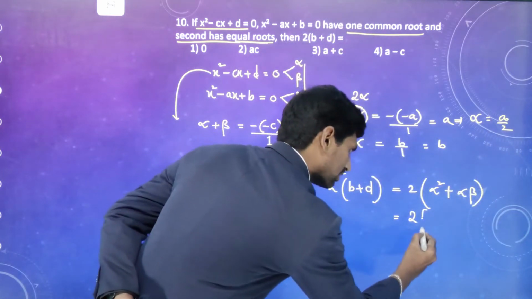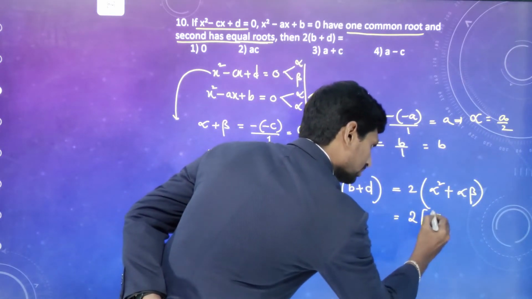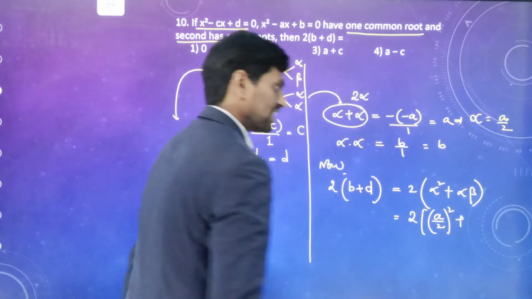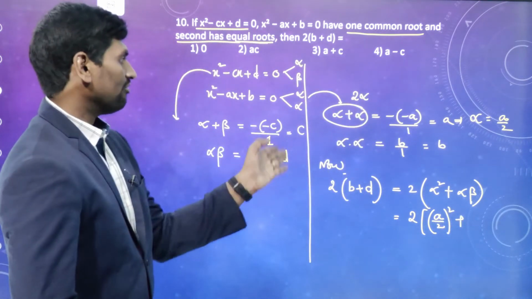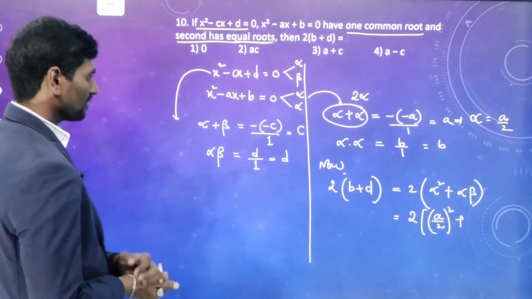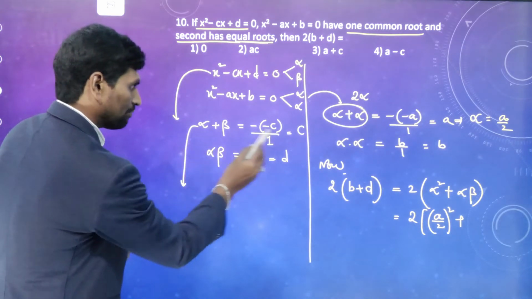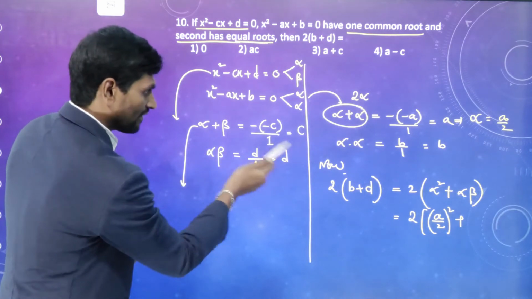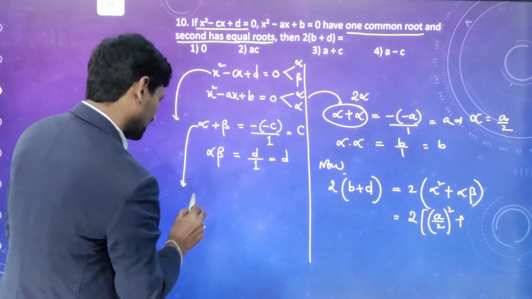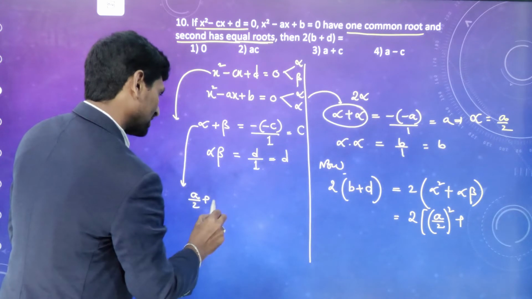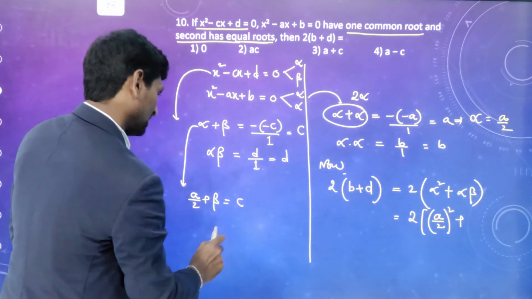Now substitute a by 2 whole square, because alpha square, that one. Alpha into beta. Now from this alpha plus beta value c, then alpha value a by 2 you can substitute here. A by 2 plus beta equals to c.